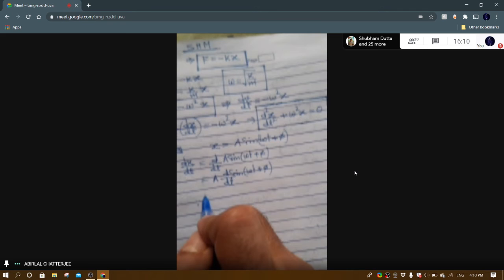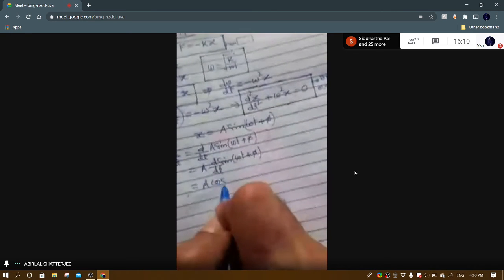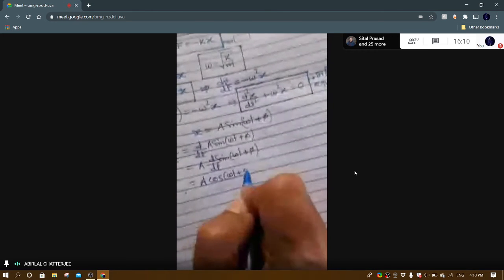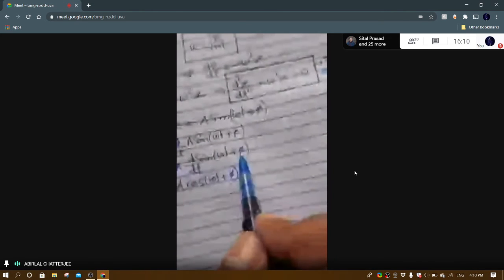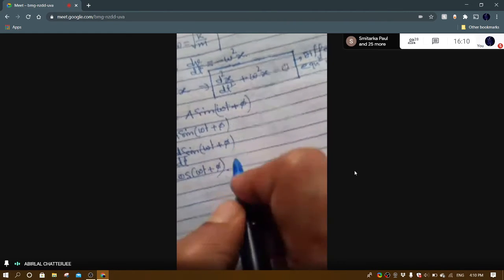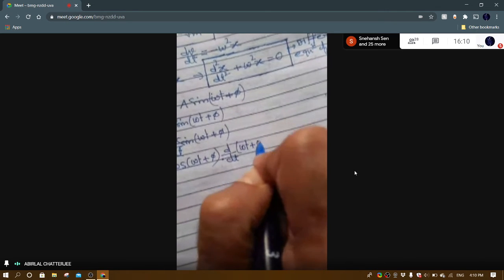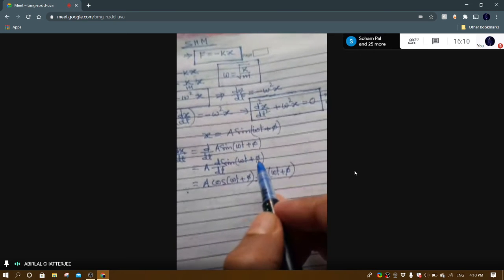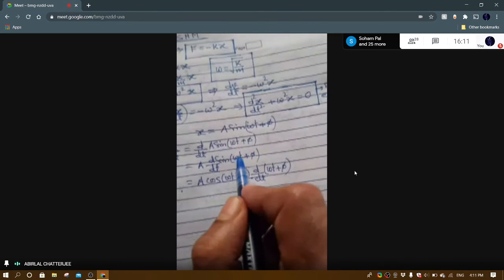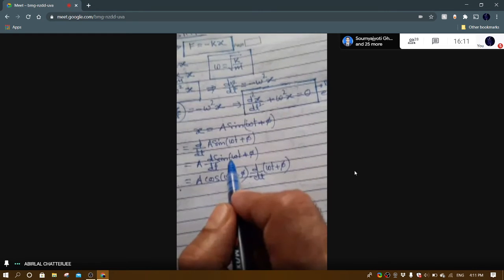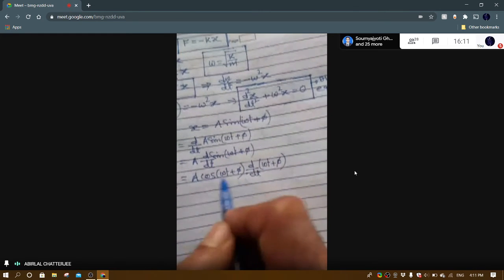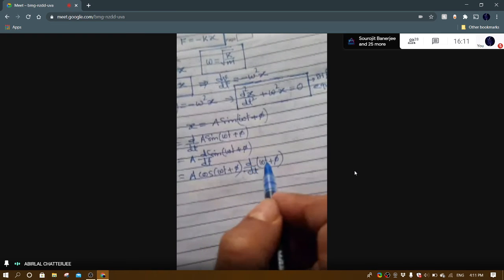So that gives you A cos first, and this is a chain rule, but this is not t, this is omega t plus phi. So again into d/dt of omega t plus phi. Suppose this is z: d/dt of sin z means d/dz of sin z, that is cos z, into dz/dt. This is called the chain rule in mathematics.